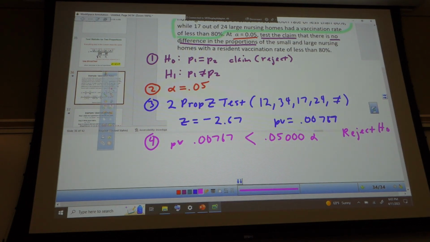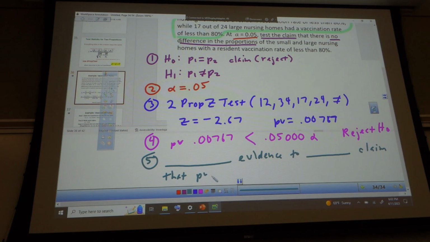So it means that in step 5, blank evidence to blank claim that the proportion of, I should say, I'm going to say vaccination rate, sorry.